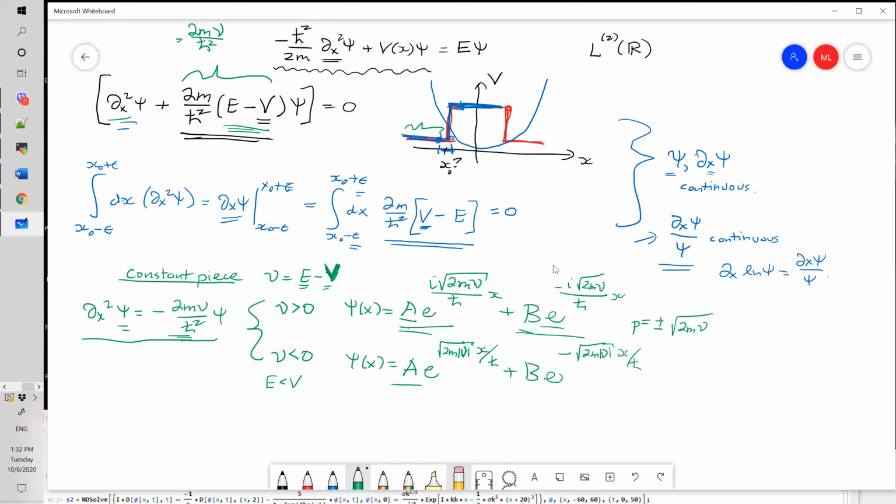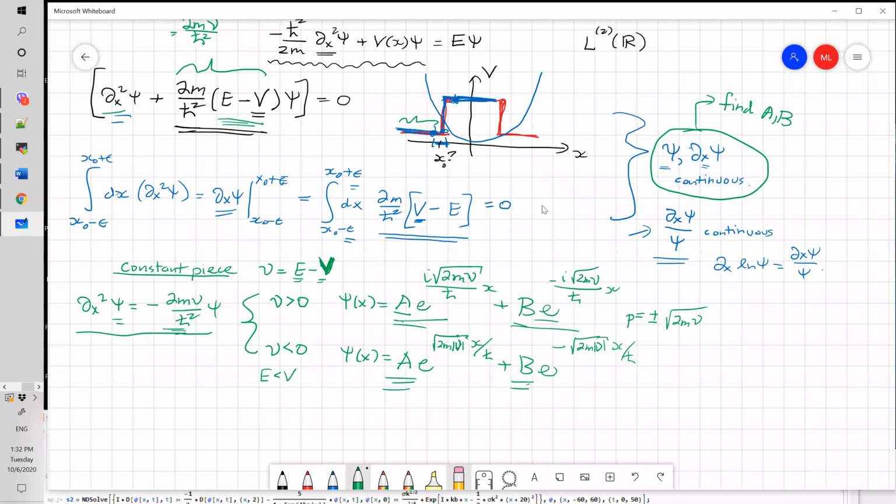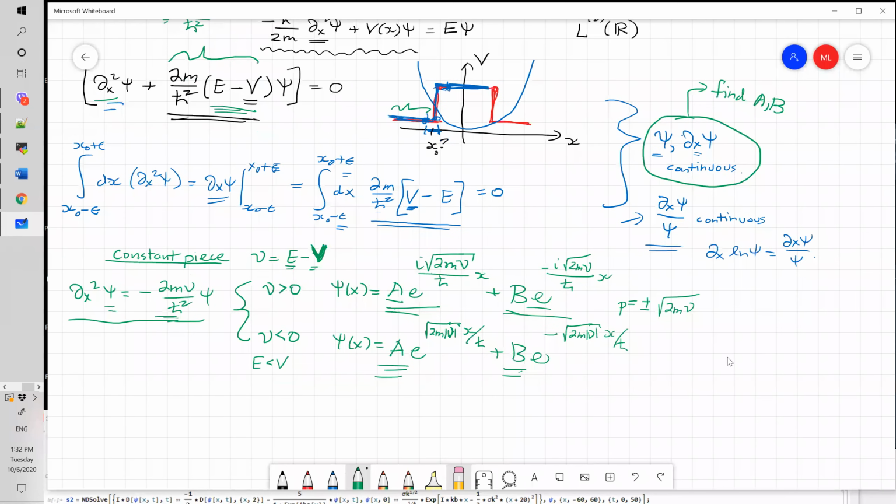So you have these unknown coefficients, and these are the things that you need to match using these continuity conditions. This helps you find A and B, as we'll see when we do some examples. Any questions though about that? These constant piecewise type things.